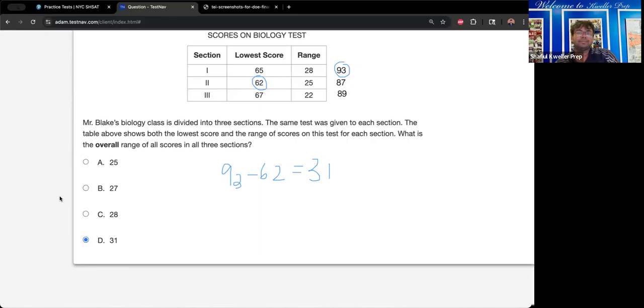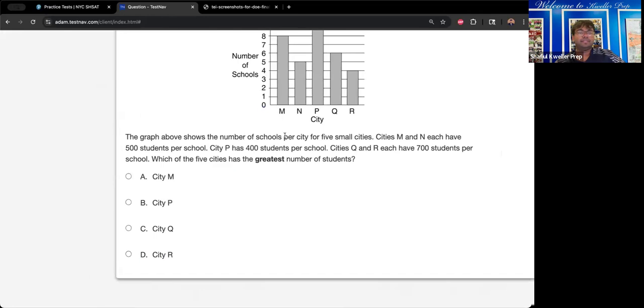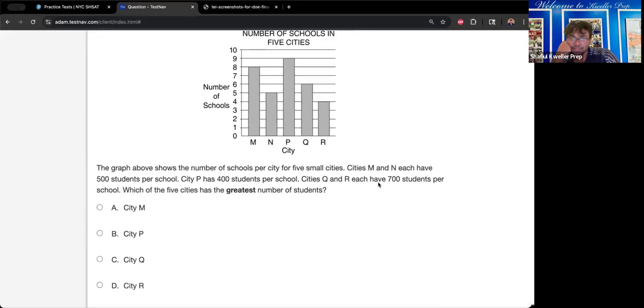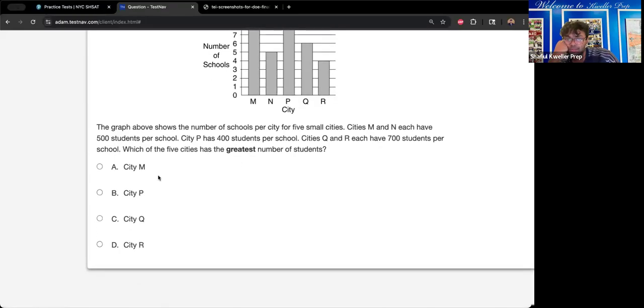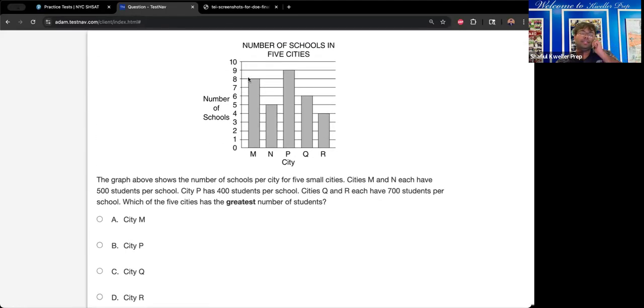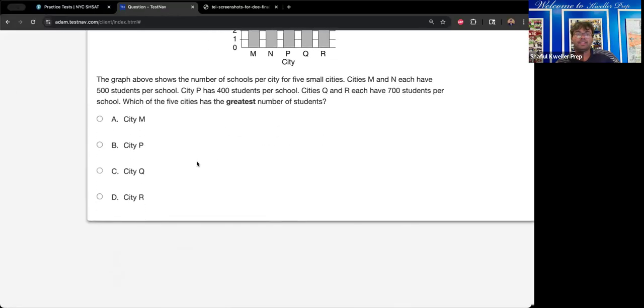Let's go to the next one. The graph above shows the number of schools per city for 5 small cities. Cities M and N each have 500 students per school. And then, okay, so it just lists out the number of students. Which one of them has the greatest number of students? So you multiply the schools by the students.